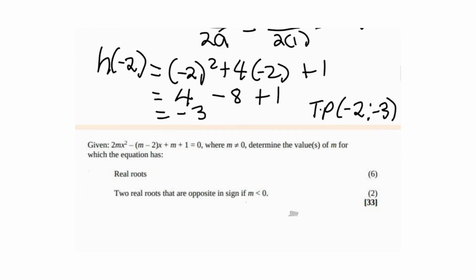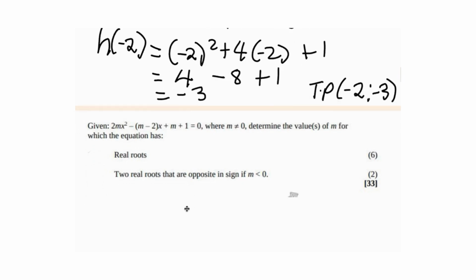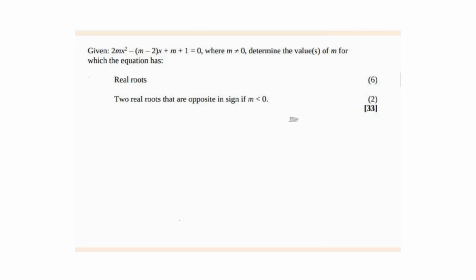Now we are going to the second question. Given 2mx squared minus (m minus 2)x plus m plus 1 equals 0, where m is not equal to 0, determine the values of m for which the equation has real roots. So firstly, we need to check, is this equation in standard form?